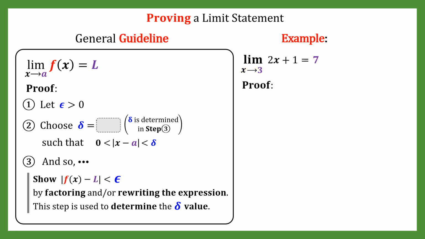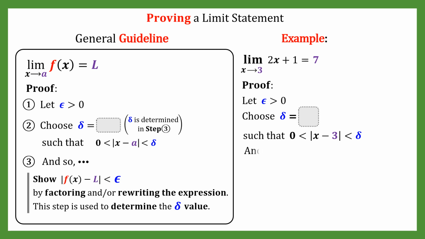So let's prove this statement. To begin, let epsilon represent any positive value, and we will need to choose a delta value such that the absolute value of x minus 3 is greater than 0 and less than delta.